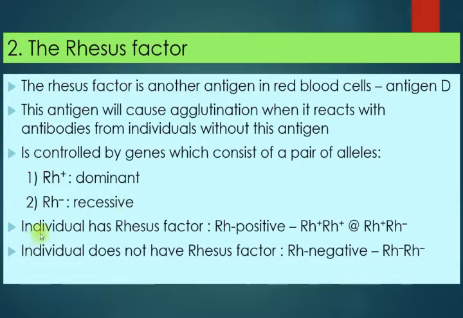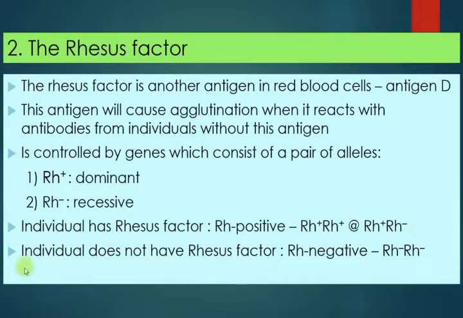An individual that has the rhesus factor, or antigen D, on the surface of the red blood cells, we call rhesus positive. So the possible genotypes for a rhesus positive person are Rh positive Rh positive, or Rh positive Rh negative.